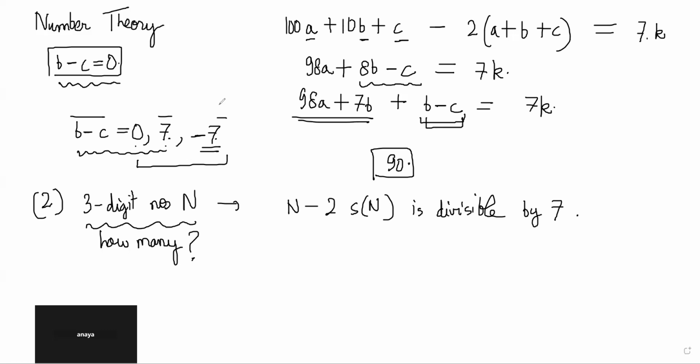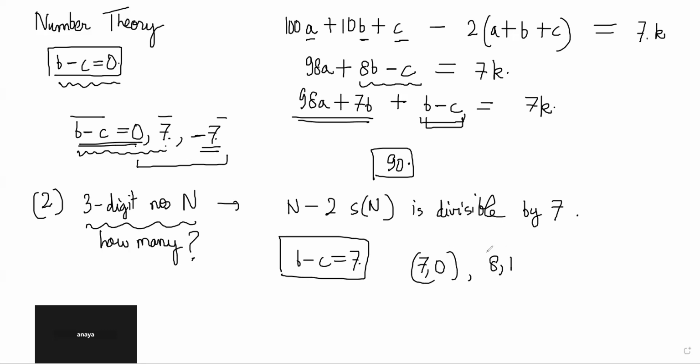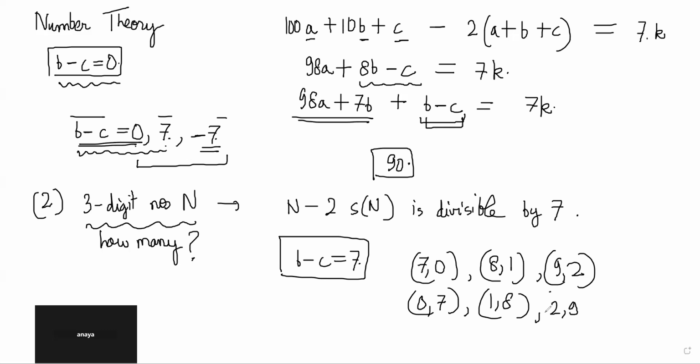So let's take the case b minus c is 7. In that case, b and c can be 7, 0; 8, 1; 9, 2, right? And for the other case, minus 7, you'll get 0, 7; 1, 8; and 2, 9, right?